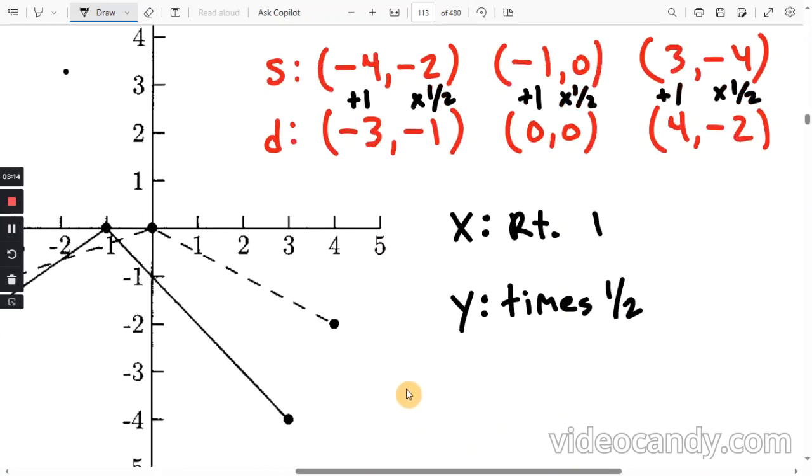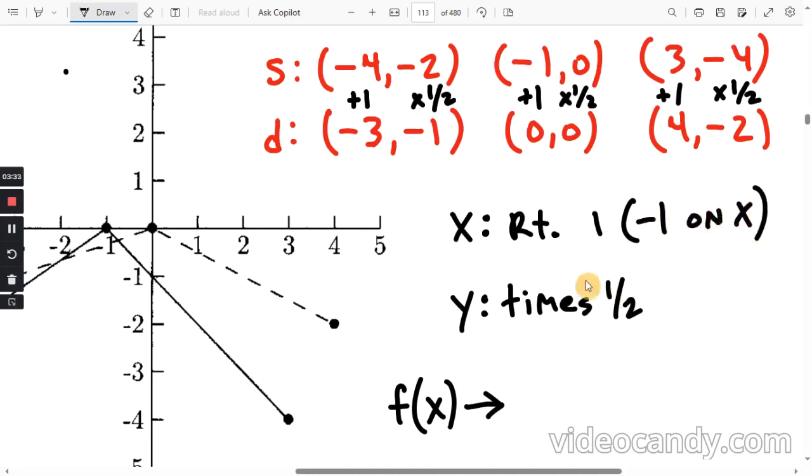We started with f of x. And what happens when x goes right 1? Remember, it's the opposite. Okay, so to go right 1, it's actually -1 on the x. Remember, we said it was opposite. To go right 1, you have to subtract 1 on the x. So instead of f of x, it's going to be f of x -1.